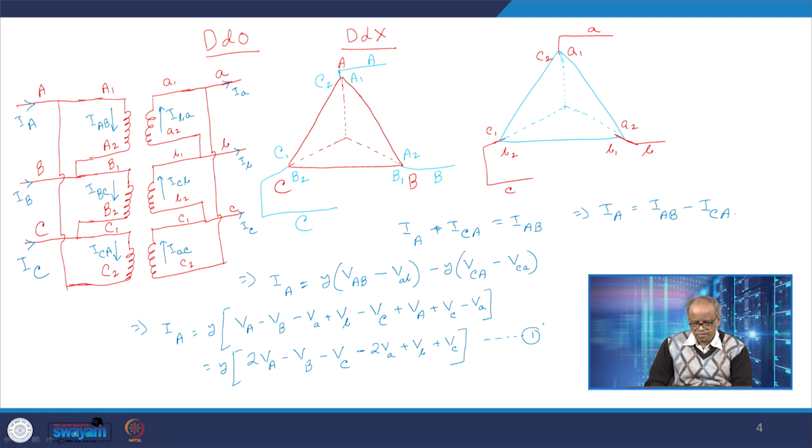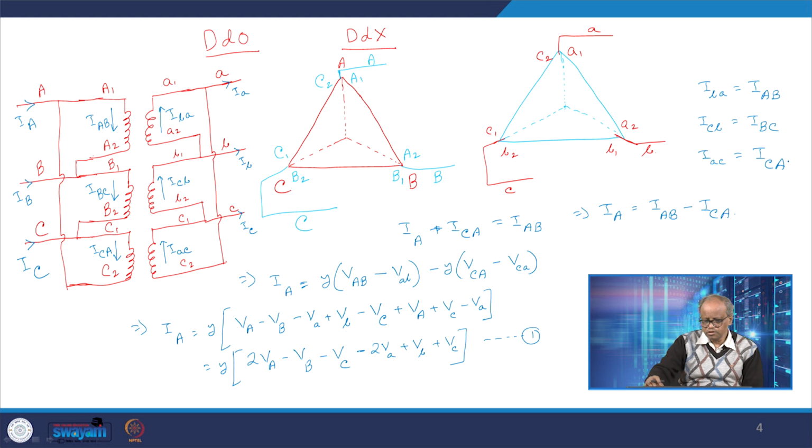Also from here I should note down that Iba is equal to Iab, Icb is equal to Ibc, and Iac is equal to Ica.